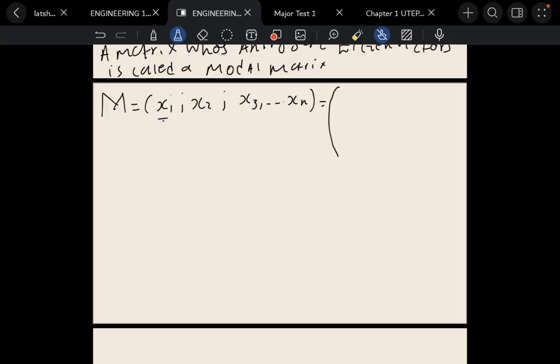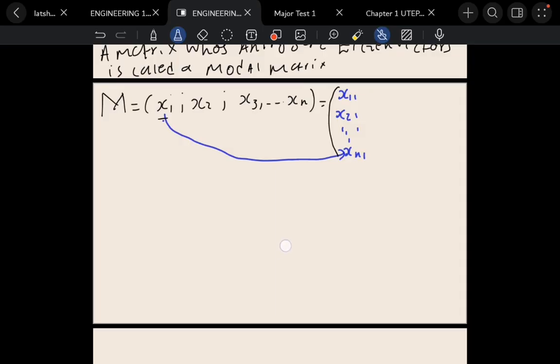In x1, there will be x11, x21, and so on until you have xn1. This column is for that eigenvector.